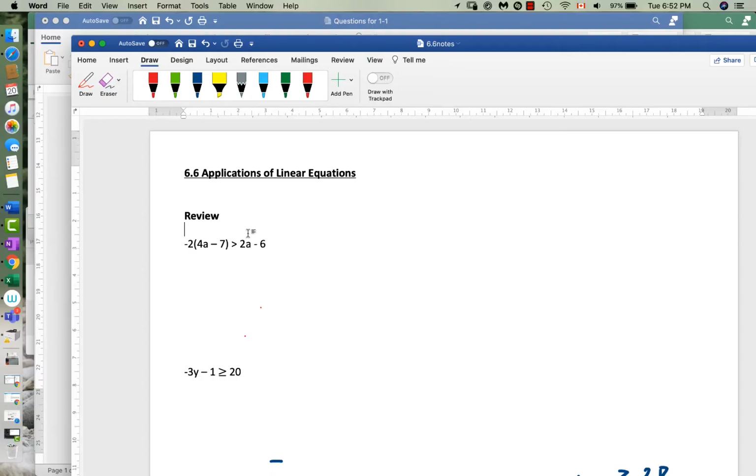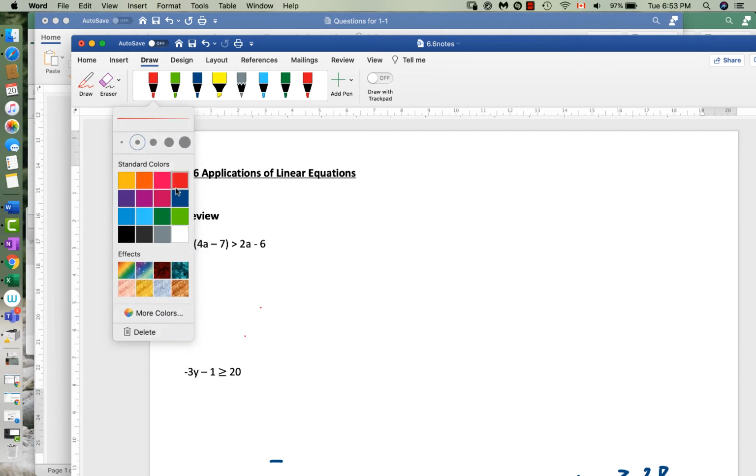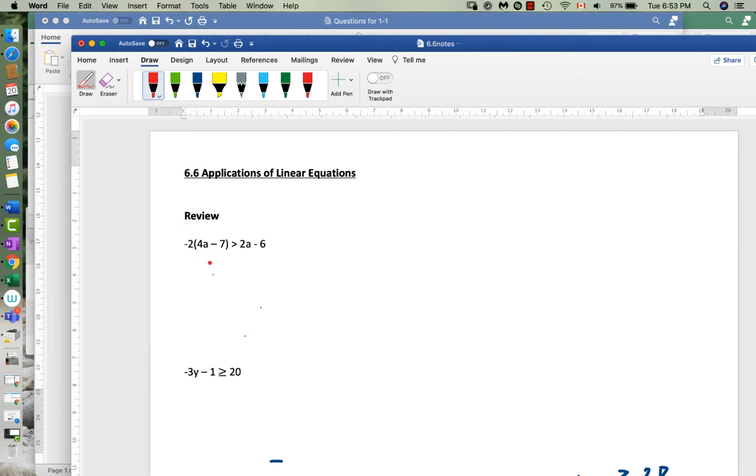Okay, so the first problem I'd like to start out with is a bit of review, just to make sure we're comfortable with all the ideas and applications. In this case, we have minus 2 times 4a minus 7 is greater than 2a minus 6.